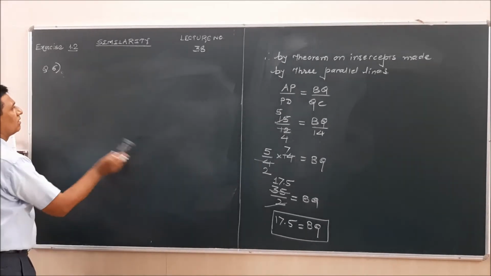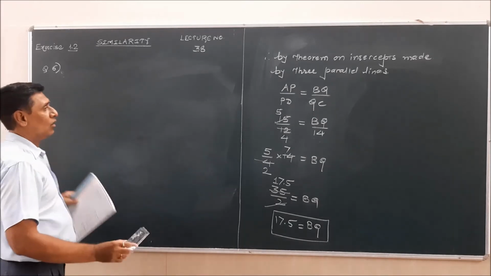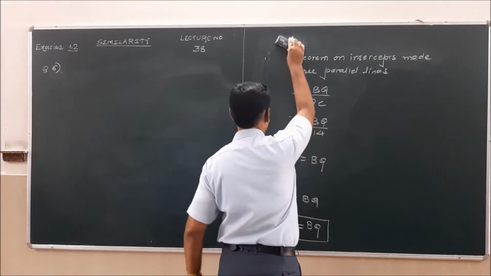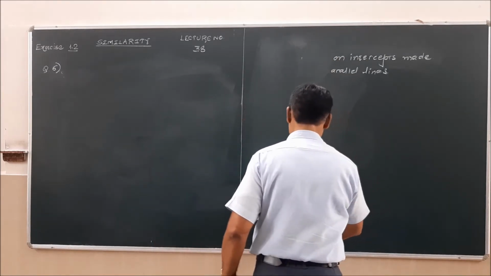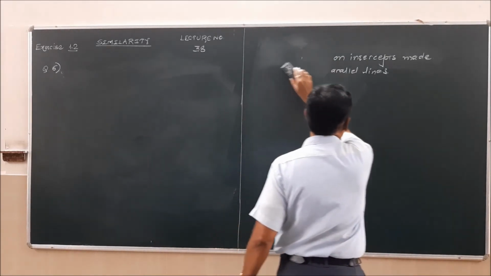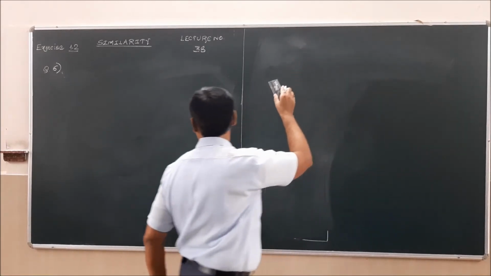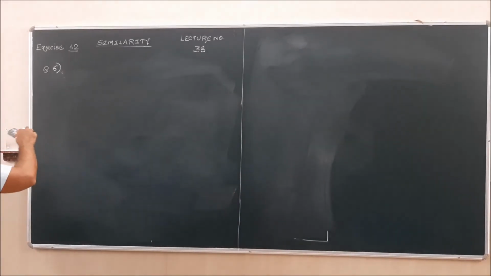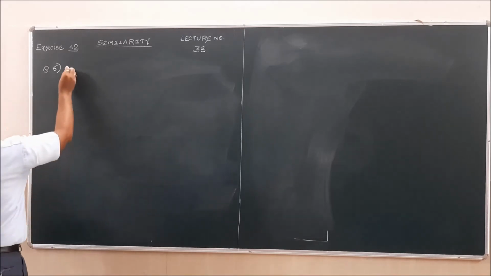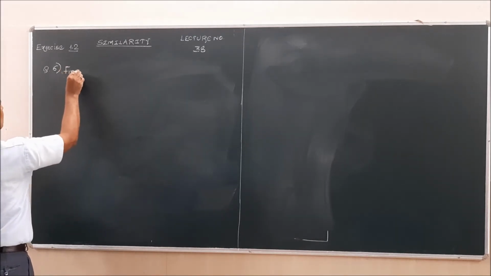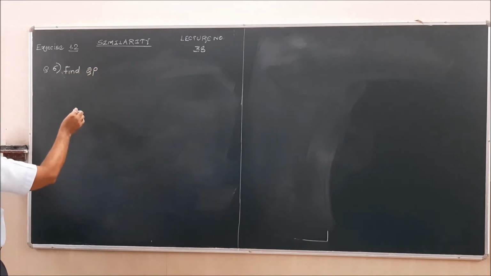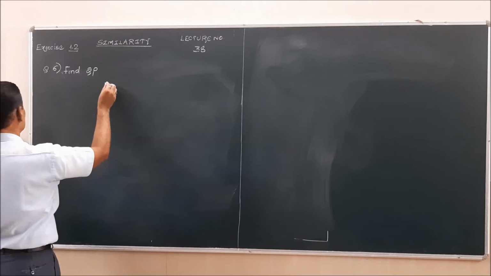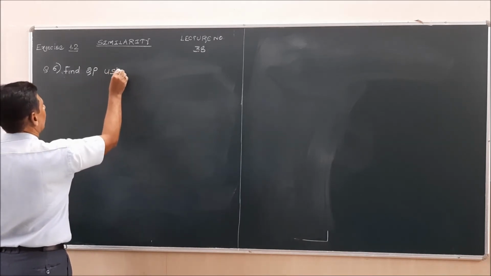Only substituting the values and mentioning what type of theorem you are using. Are you using the angle bisector theorem, or basic proportionality theorem, or converse of basic proportionality theorem? That is the important thing. Find QP using the given information.